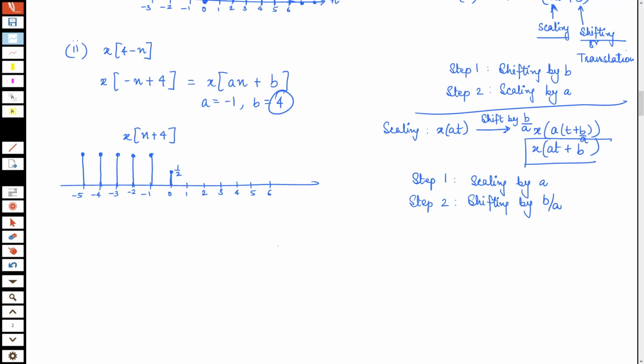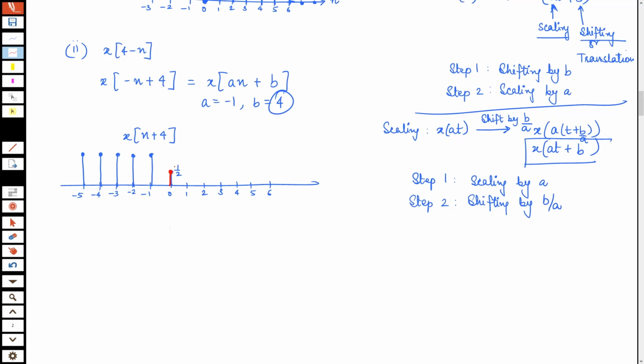Okay. Now to sketch x of minus n plus 4, what you've got to do is simply reflect this whole signal about 0, right? As if there was a mirror here. So I'm going to draw this with red. So 0 remains at 0, right?